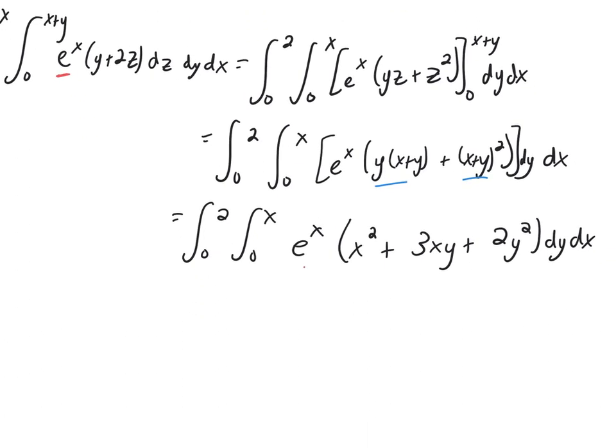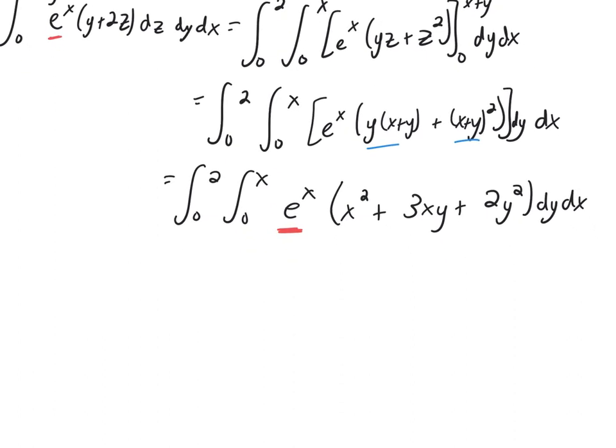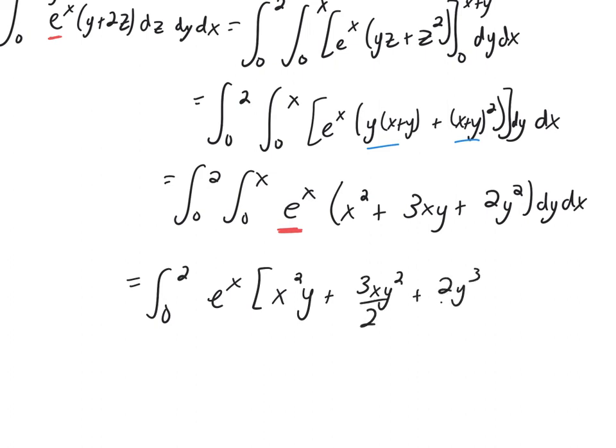So now I'm going to integrate with respect to y. So this e to the x, there's no y there, so that is constant. So we're getting the integral from 0 to 2 e to the x. Now integrate again with respect to y. You'll get x squared y plus 3xy squared over 2 plus 2y cubed over 3 from 0 to x.